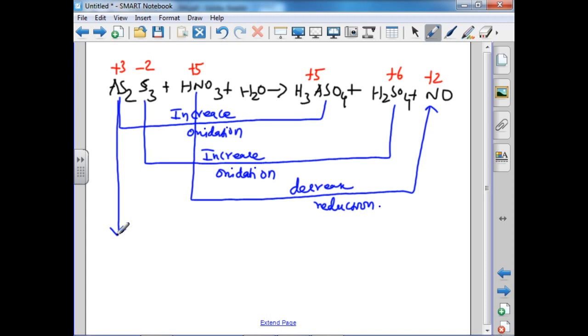That is 2 atoms of arsenic. So 2 multiplied by the difference between plus 3 and plus 5, which is 2 electrons. So 4 electrons. Then sulfur.